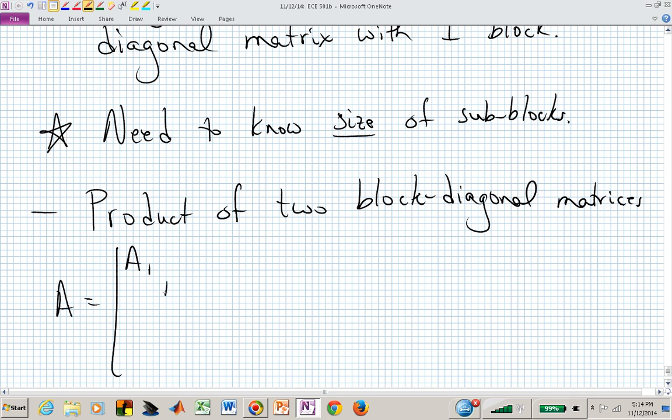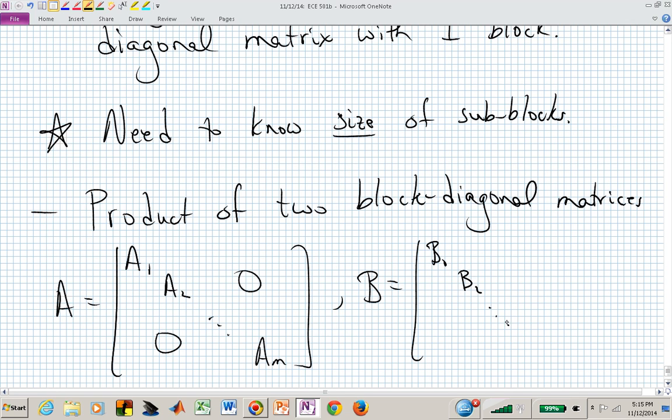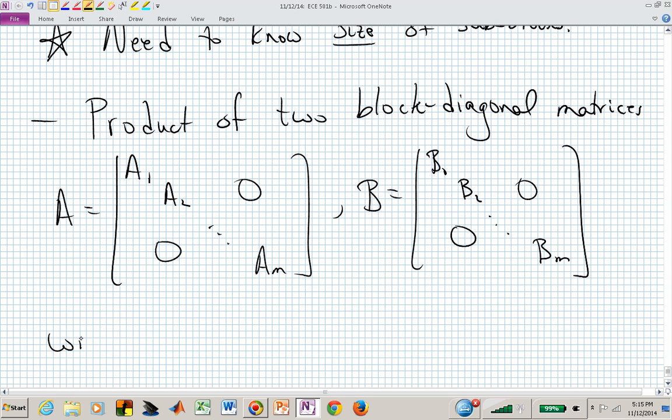Suppose A is A1, A2, through A sub M. B is B1, B2, through B sub M. With these A sub j's the same size as the B sub j's for all j.